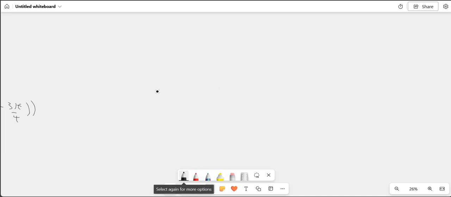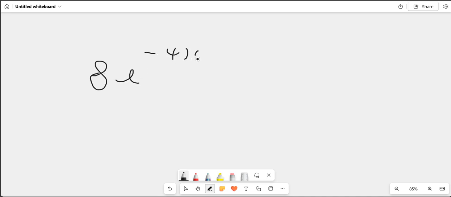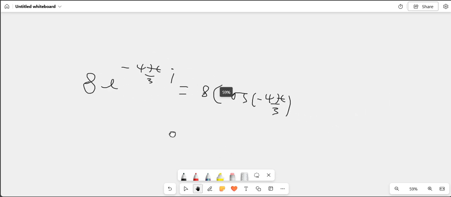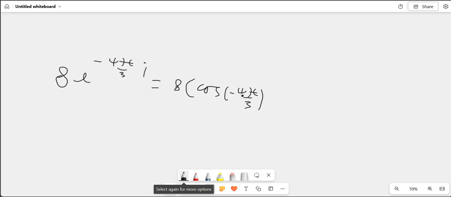Alright, last one, I here. So 8 open bracket cos -4π/3 plus i sin -4π/3 here.